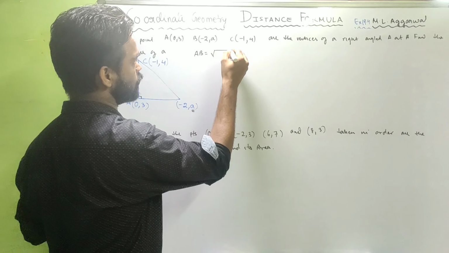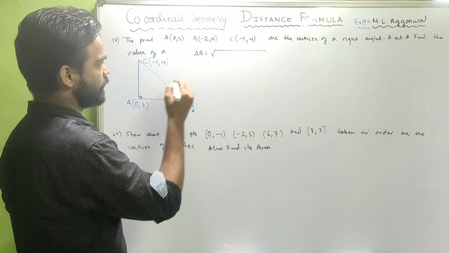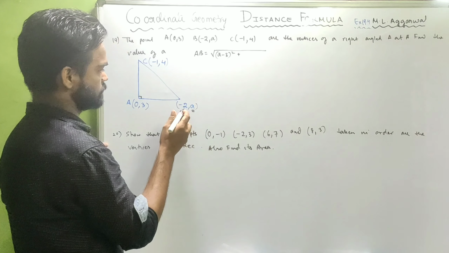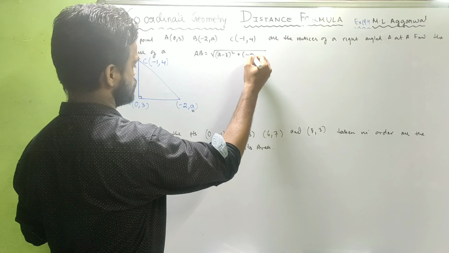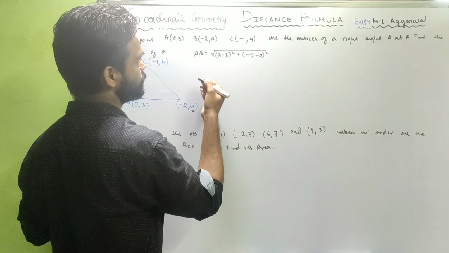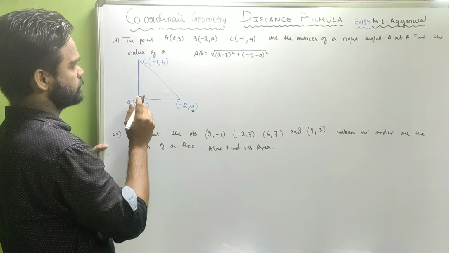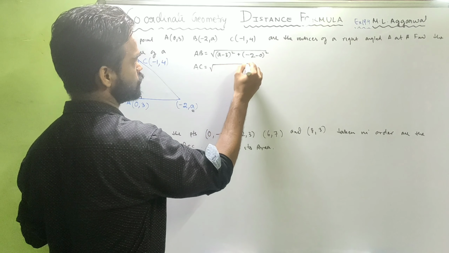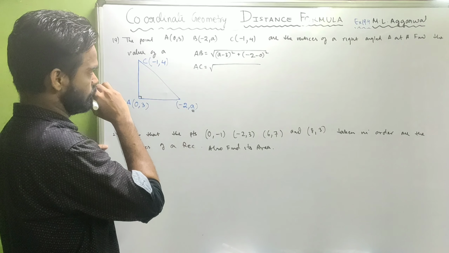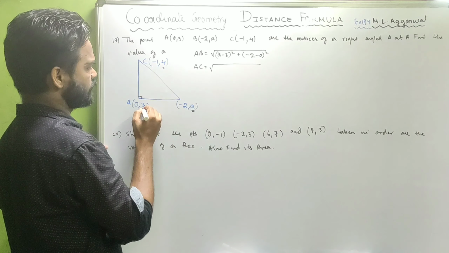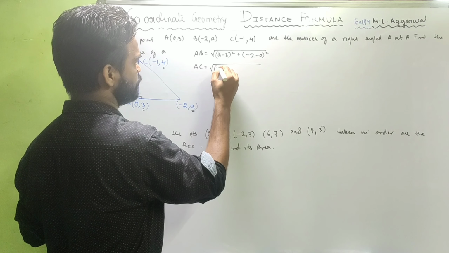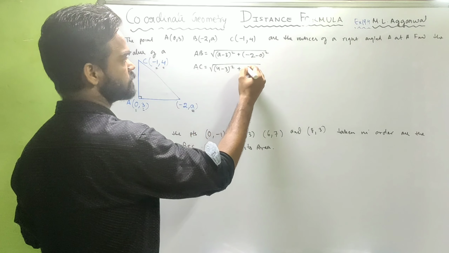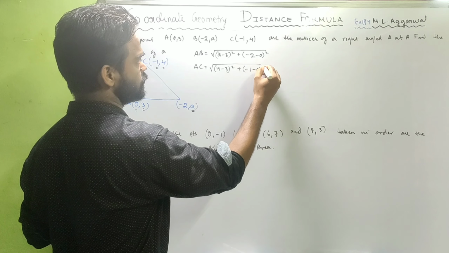AB is root of, just look, (a minus 3) whole square plus (minus 2 minus 0) whole square. Then find AC. AC will be what? Root of, look over here, y2 minus y1, which means (4 minus 3) whole square plus (x2 minus x1, that's minus 1 minus 0) whole square.